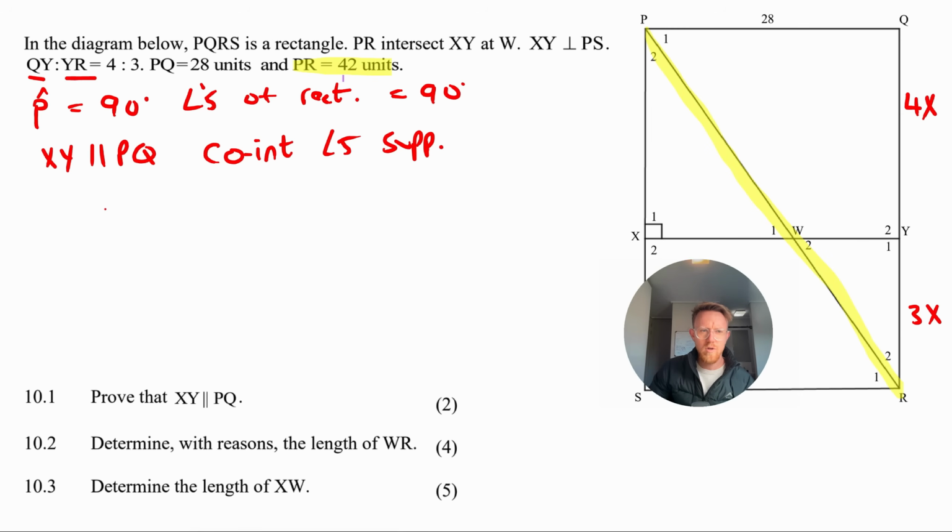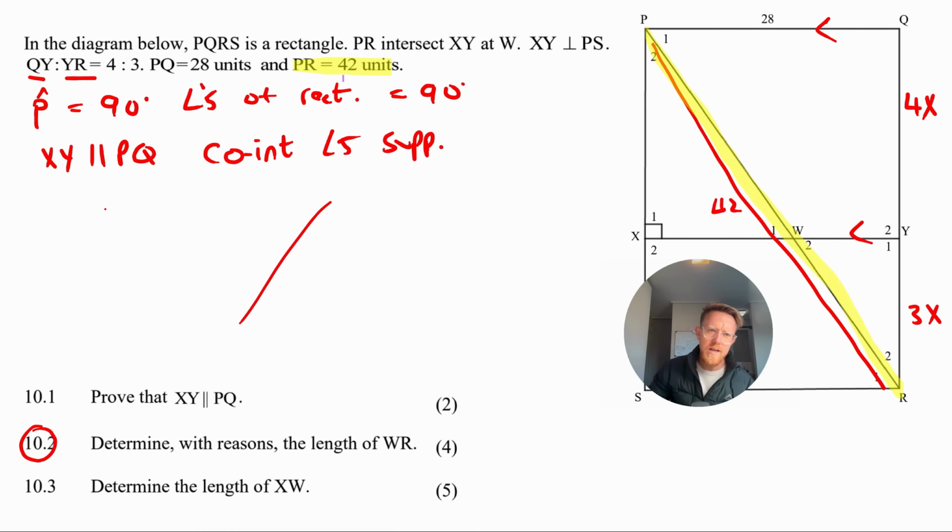Okay, so moving on to 10.2 now, it says determine with reasons the length of WR. So that's this one over here. Now, remember that we now know that these lines are parallel, and we also have the entire length of this line, it's 42.